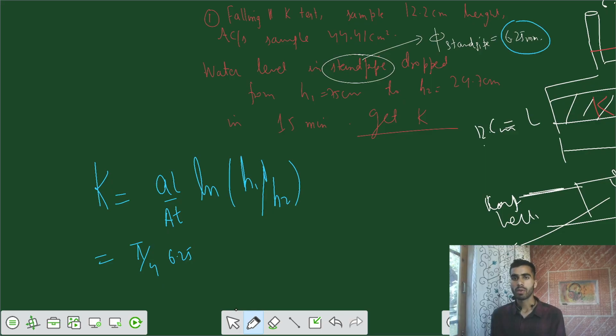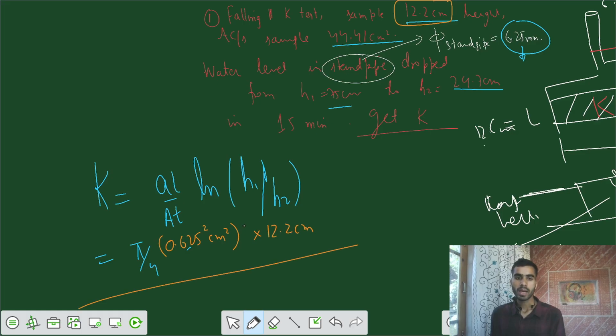Because all the other data is in centimeters, we can keep this data also in centimeters, so we substitute 0.625. So pi by 4 into 0.625 squared centimeters square, into L, the height of the sample, which is 12.2 centimeters, divided by the area of the cross section of that sample, 44.41 centimeters square.